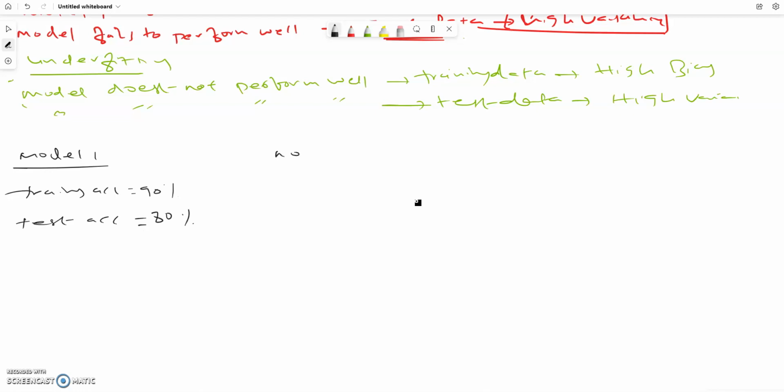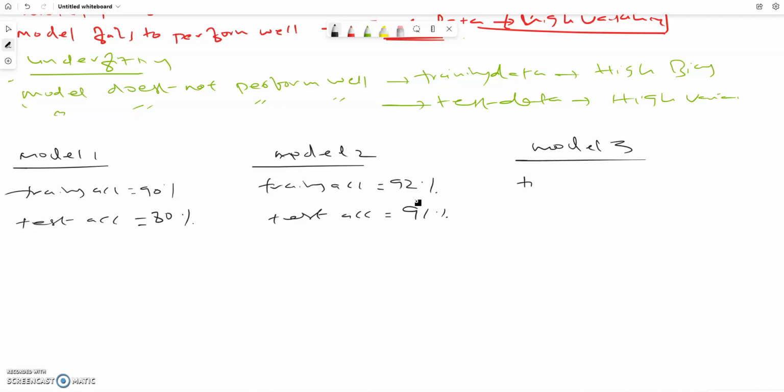And we have another model, let us say model 2, with training accuracy of 92% and test accuracy of 91%. Now we have another model, let's say model 3. Here training accuracy is 70% and test accuracy is 65%.